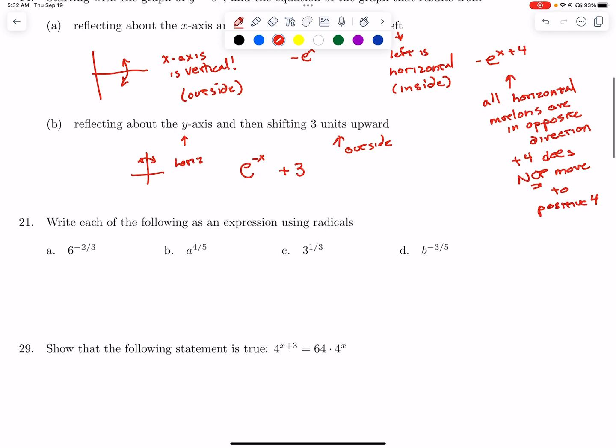Okay, 6 to the negative 2/3. Remember that this means flip, and that 6 to the 1/3 means cube root. So this is flip, cube root, and square. Next, 5th root, fourth power. So be careful with this because you have to read it sort of backwards.